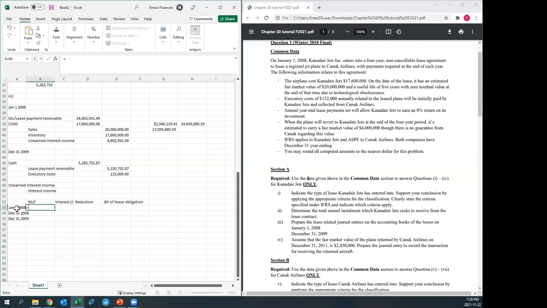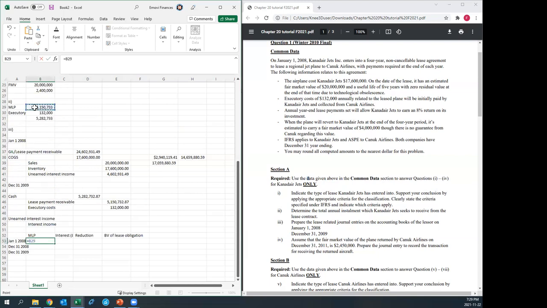So your MLP is still the 5.1 million. And it's going to be the same amount for all the years. Your interest, you're going to calculate it after 1 year. So you're not going to calculate it for the January.